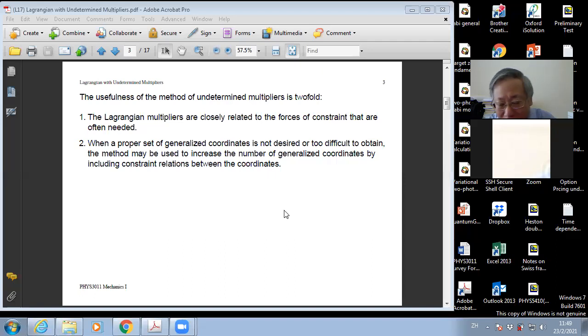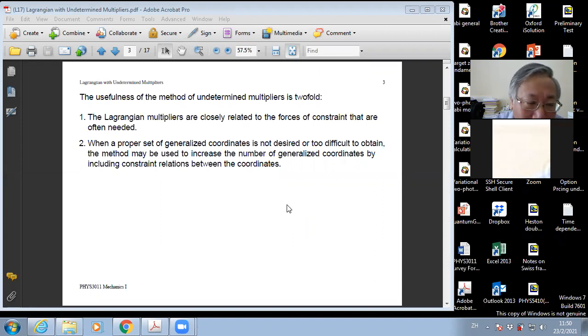It means sometimes the generalized coordinates are related in a very complicated form, so it's hard to eliminate some dependent variables. The Lagrange multipliers method may help us to bypass this difficulty.